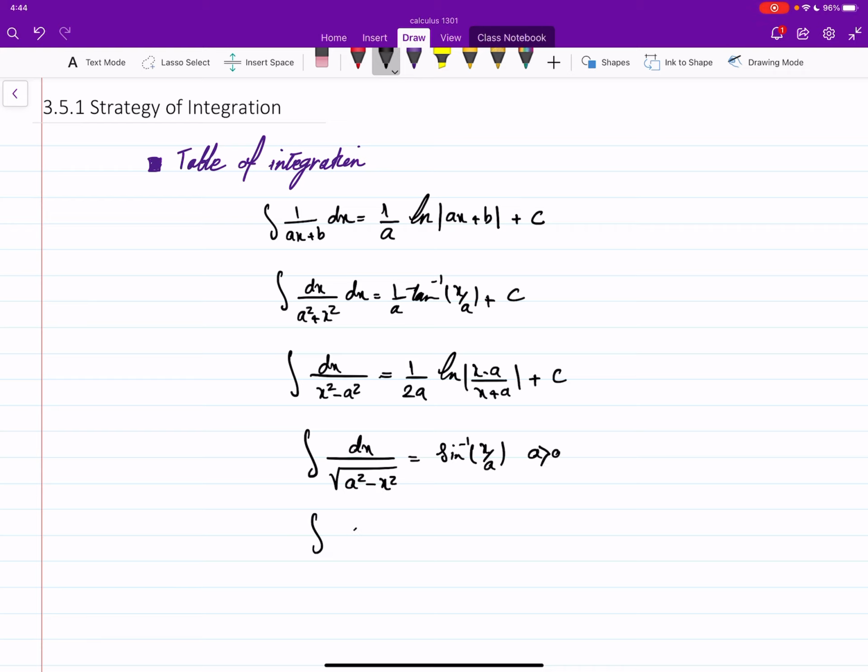Also, if there is this one here, x squared plus a squared, in that case you use a tan theta, or minus, you use a secant theta. In either case, this will give us ln of x plus root x squared plus or minus a squared.